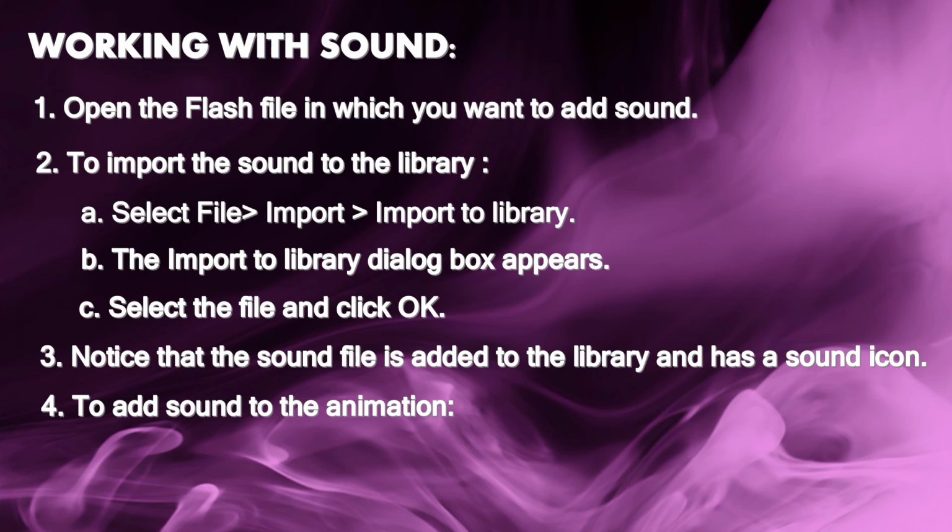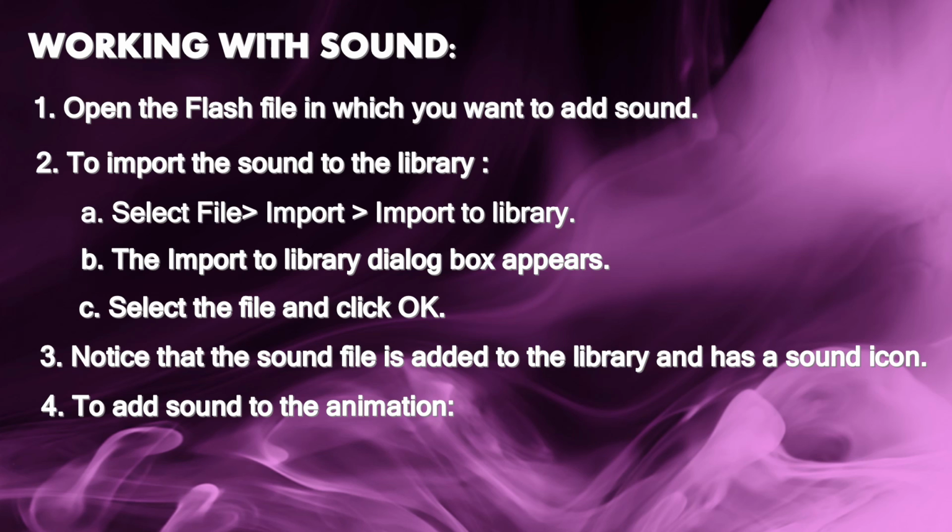To import the sound to the library, select File, Import, Import to Library. The Import to Library dialog box appears, and then click on the OK button. Notice that the sound file is added to the library and has a sound icon.